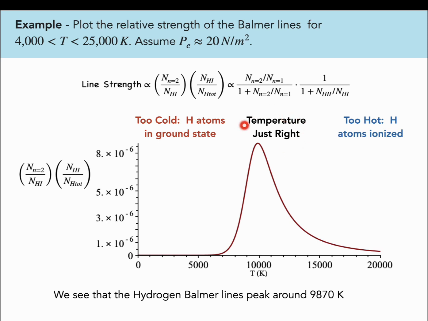So it's got to be just the right temperature to see the lines. Notice that the vertical axis here is times 10 to the negative sixth. So we're talking about 1 part in a million of the hydrogen atoms in the sun that are going to be in the right ionization and excitation states to produce Balmer lines.